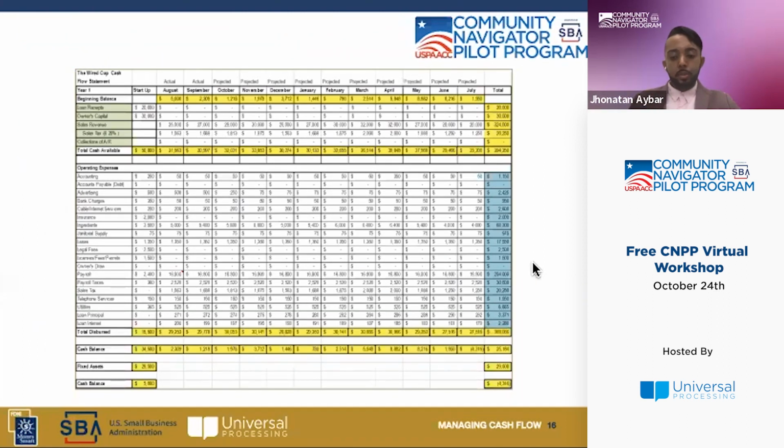Then he used the average between August and September to run a projection based on when he thought he was going to have more customers. As you can see, in September, October, and November, he projected an increase, taking into consideration that the students were attending classes and there was going to be higher traffic.